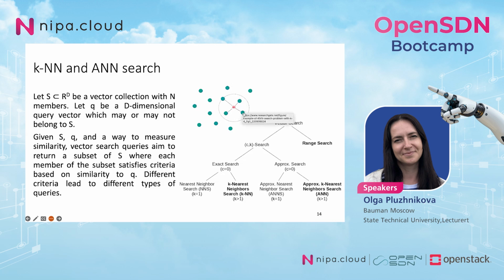Out of these, most vector databases support the approximate K nearest neighbors, or ANN query, which returns K vectors from the dataset that are within a radius centered over the search query, and C times the distance between Q and its closest neighbors. Exact K nearest neighbors search can be prohibitively expensive for large datasets.